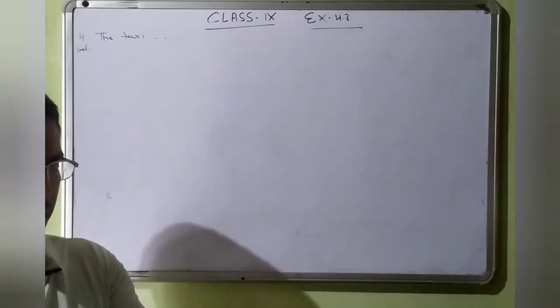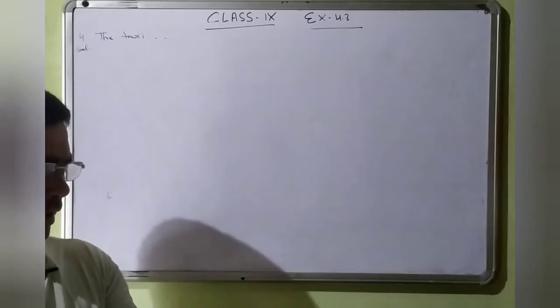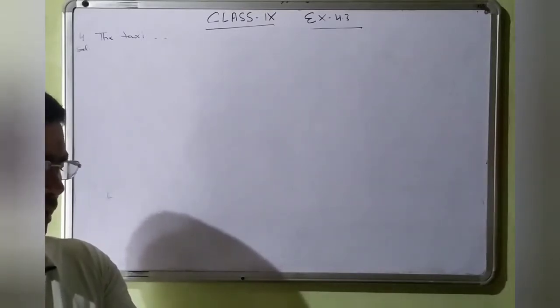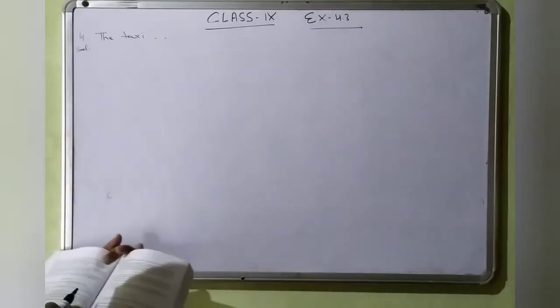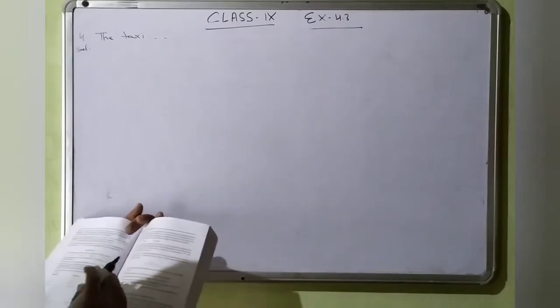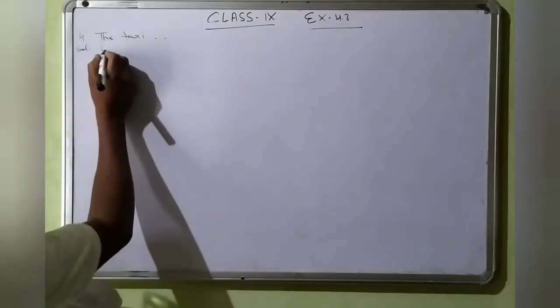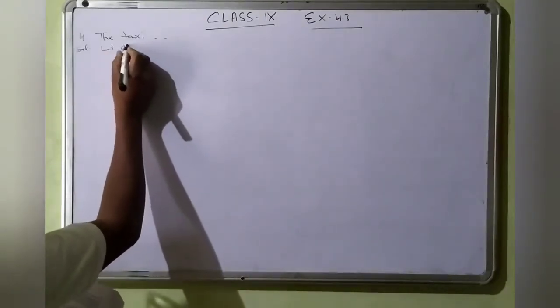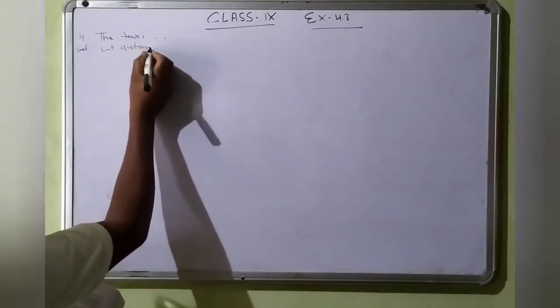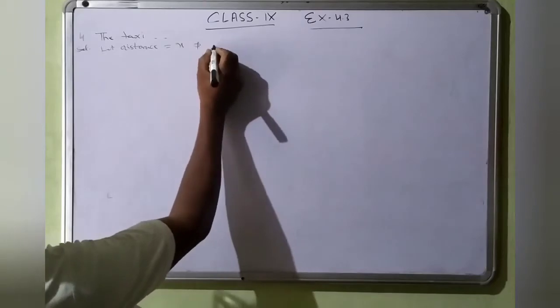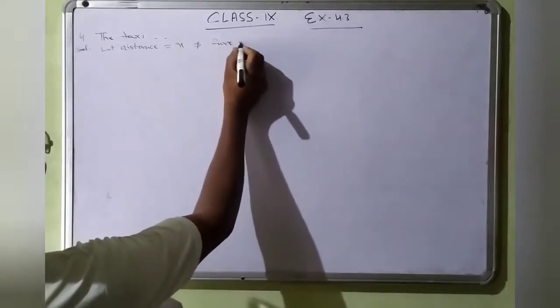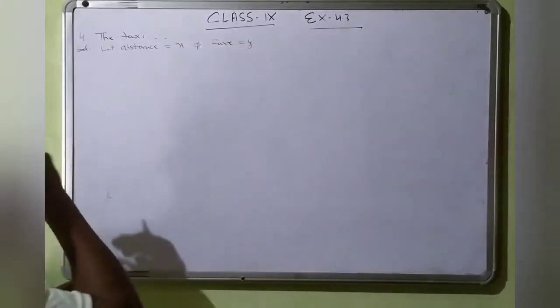Taking the distance covered as x km and total fare as rupees y, write a linear equation for the information and draw the graph also. So let, given here, let distance be x and fare be y, right?